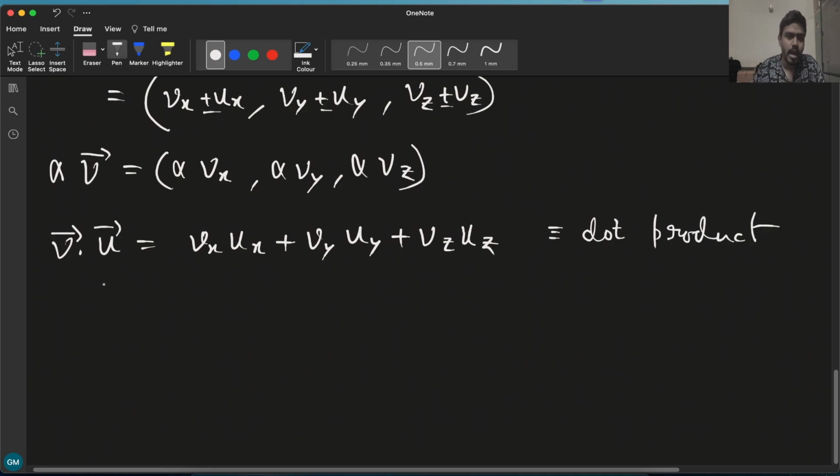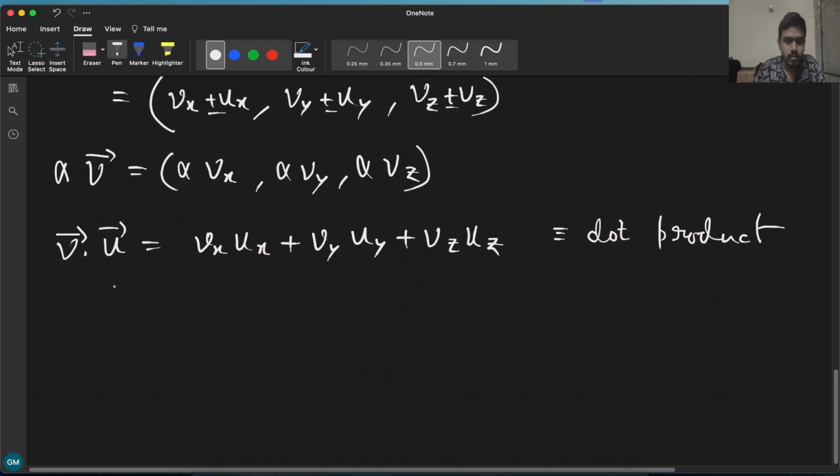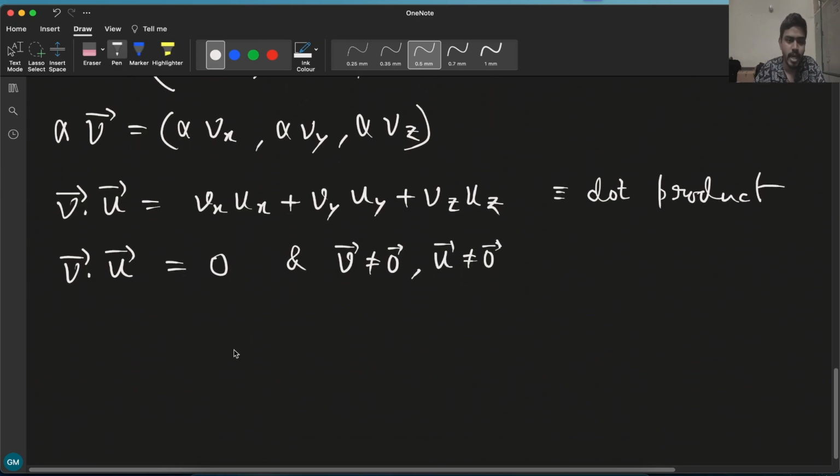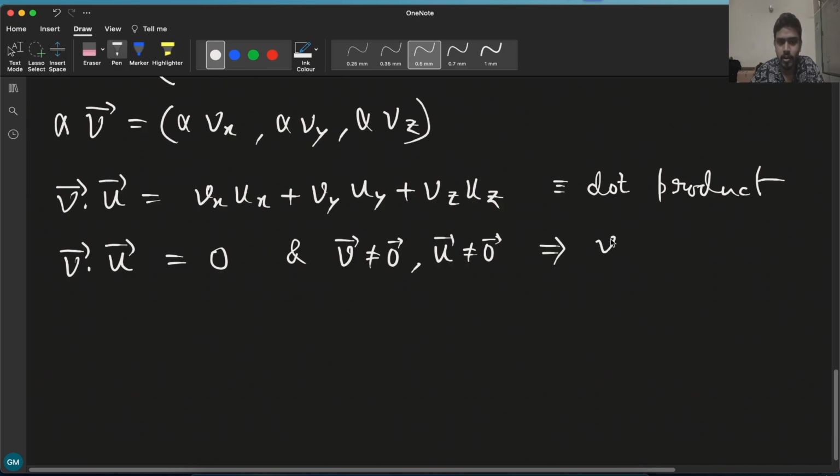Okay, and if this v dot u becomes 0, and v is not equal to 0, u is not equal to 0, in that case we say that v and u are orthogonal to each other.